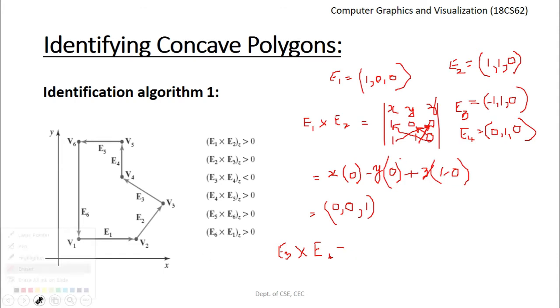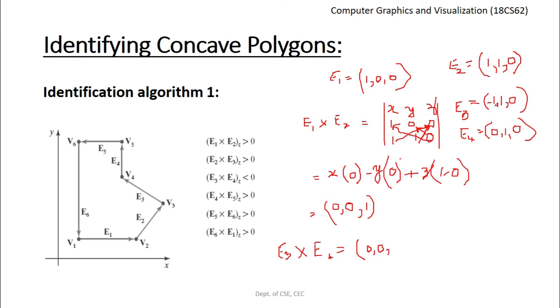Let me just erase these unwanted lines here. So open bracket, x into the x component will be 0 into 1 minus 1 into 0, that will be 0. What about the y component? Y component will be 0 into minus 1 minus 0, so that will also yield us a 0 value. So there is no y component also.